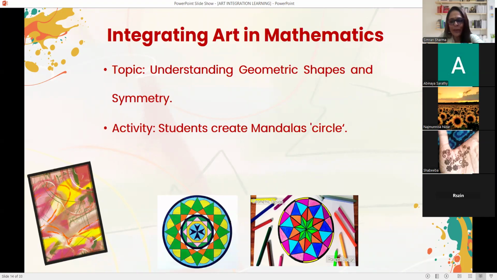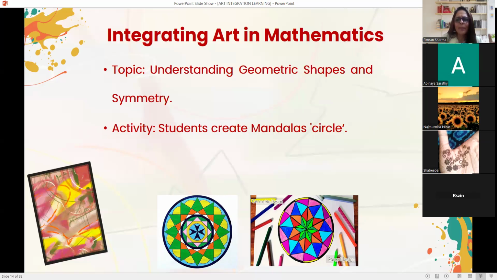If you look at both the pictures, what do you see? You see concentric circles, different lines, shapes, triangles. You can ask them to count the triangles and identify different shapes, look for the symmetric lines, measure the different radii and the different diameters.